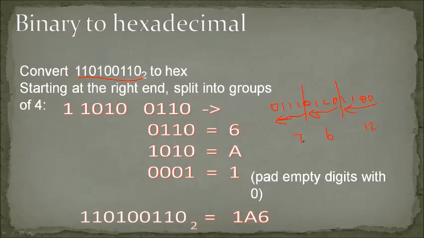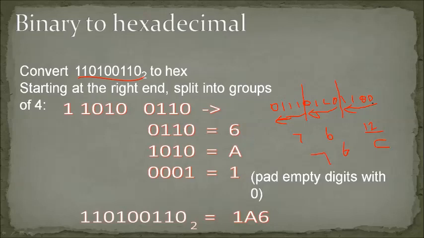But the problem is one more step we need to work on, because I said 12. When 12 is given, what do you have to write? You should write that as C, right? And the next ones are 7 and 6. There is no change.